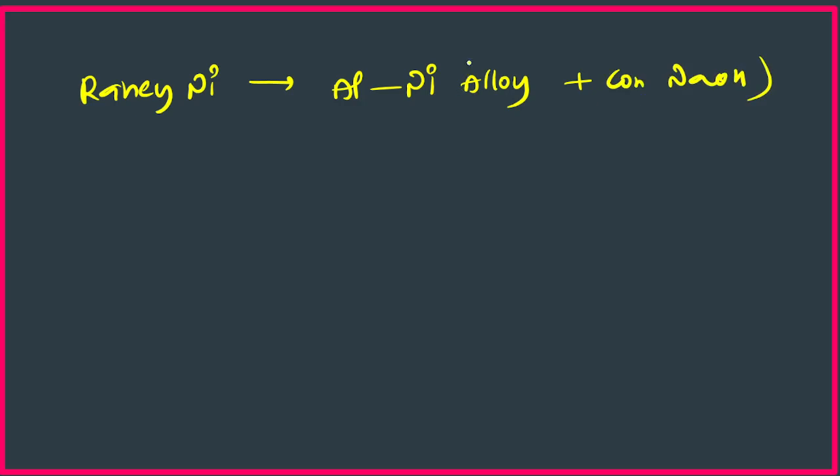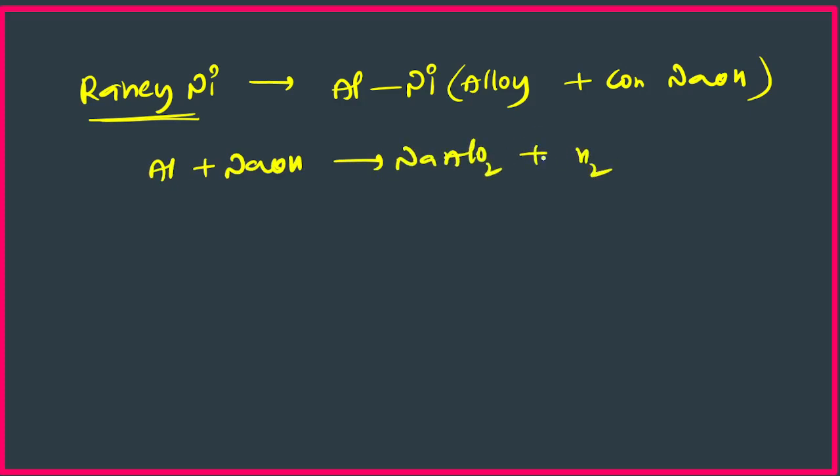The aluminium reacts with the sodium hydroxide to give NaAlO2 and release hydrogen gas. It is a strong reducing agent.